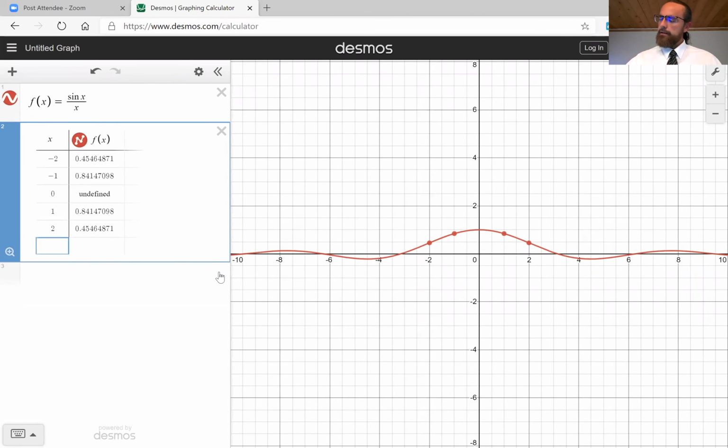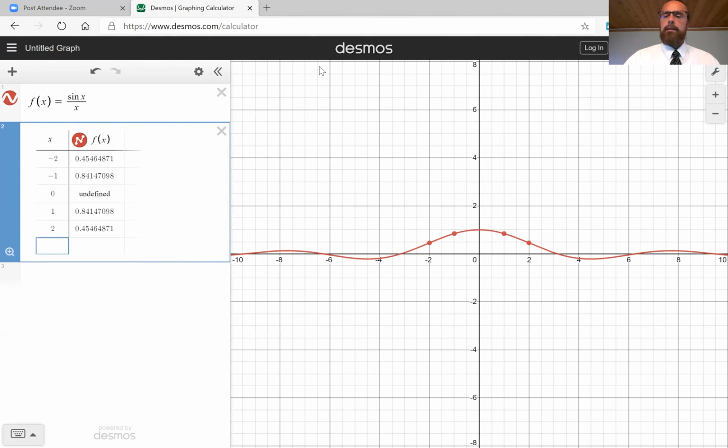So at -2, the value is about 0.45. At -1, it's 0.84. At 0, it's undefined like we saw. But I'm going to put in parentheses 1. All right. So that's good. We can calculate the linear function ourselves.